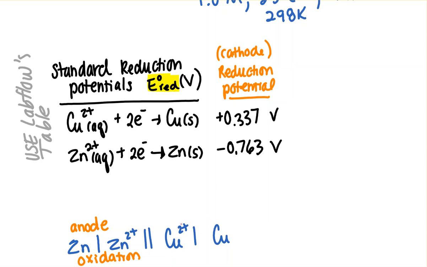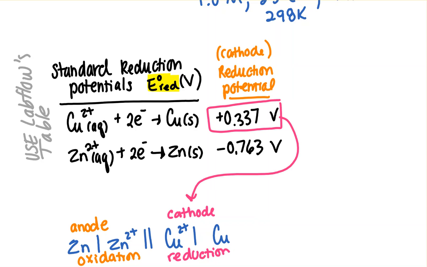On the right, we have the cathode, and this is reduction. So that's convenient. This one is there. So that is the half cell potential for our cathode.